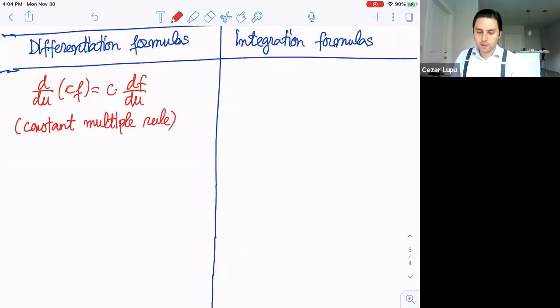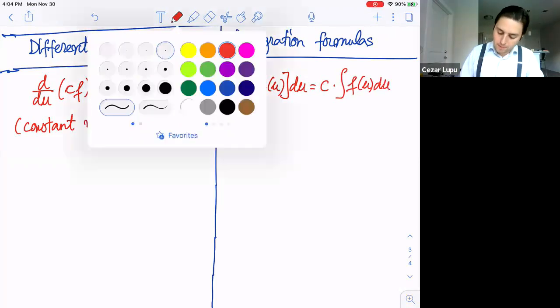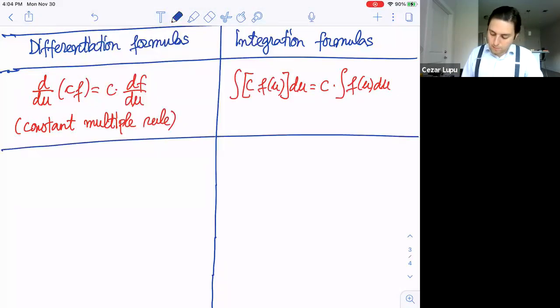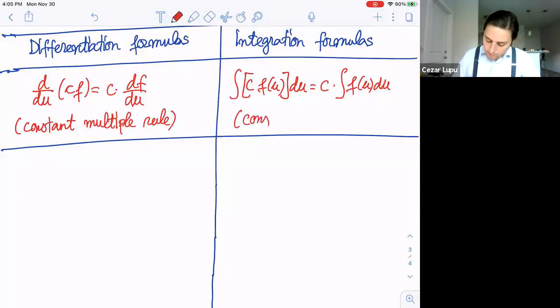And for the integration, if we integrate this function, c times f of u du, we'll take the constant out, so this will be nothing else than c times the integral of f of u du. Okay, that's great. So this is the constant multiple rule for both of them. Now, let me write it here as well so that it's clear. Constant multiple rule.